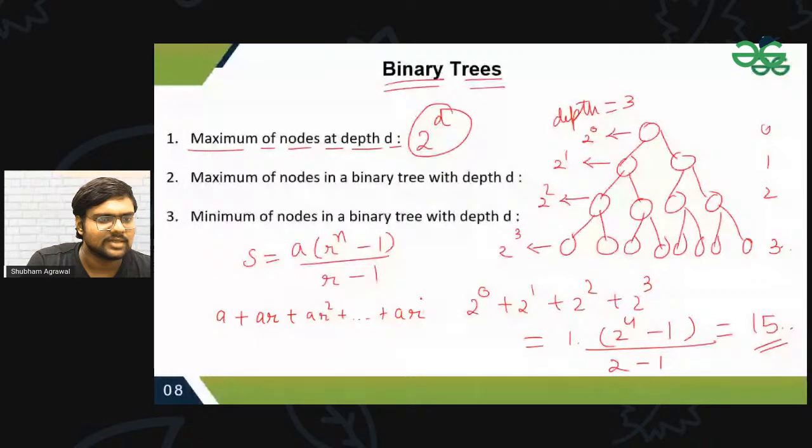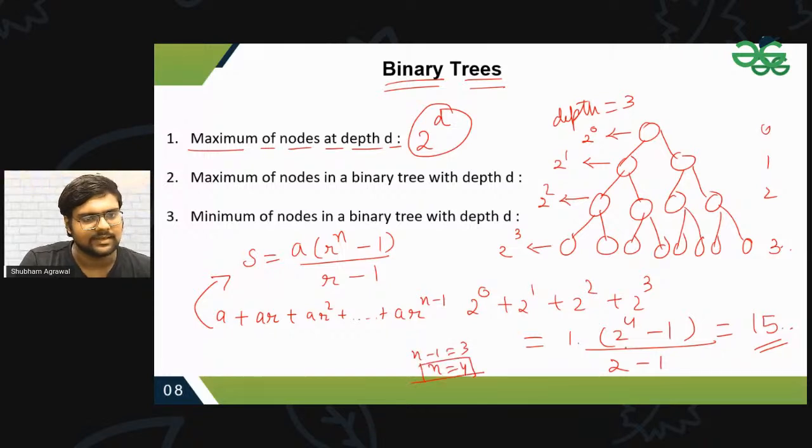Here n minus 1 is 3, so n should be 4, and the answer is 15. So the number of nodes in this tree will be 15. Counting 1, 2, 3, up to 15, we see 15 nodes are there in this tree.